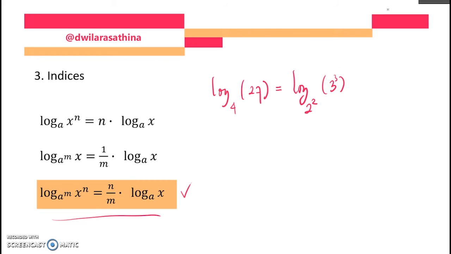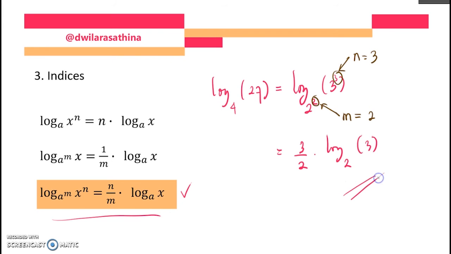Am I right? Then, note that n is 3 and the power of the base, we call it m, is 2. With this law, this should be 3 by 2 times log to the base 2 of 3, like this.